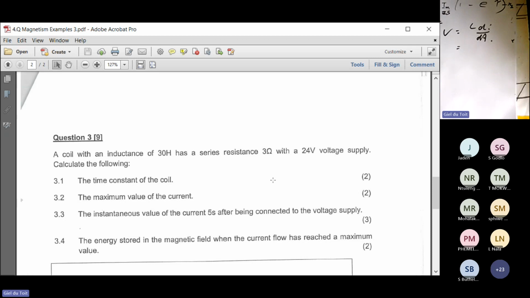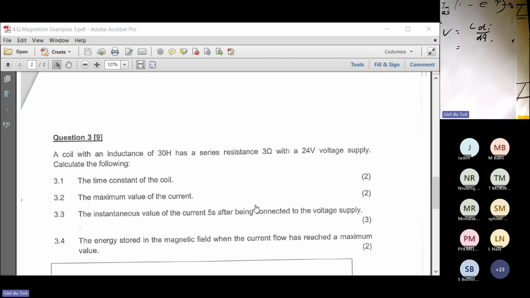It shouldn't take long. I'll do it in my head. It's 30 over 3. The time constant is 10. Yeah, 10, thank you. And then the maximum current is 8. Yeah, thank you. So it's 20 volt divided by 3.